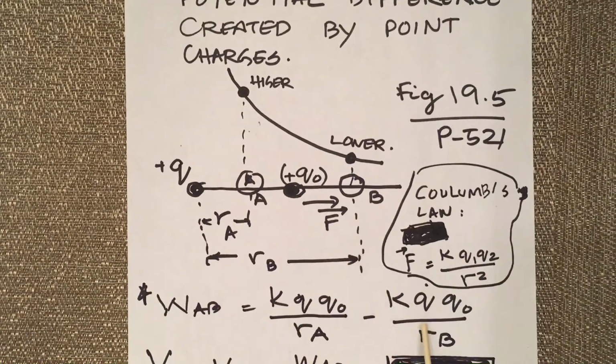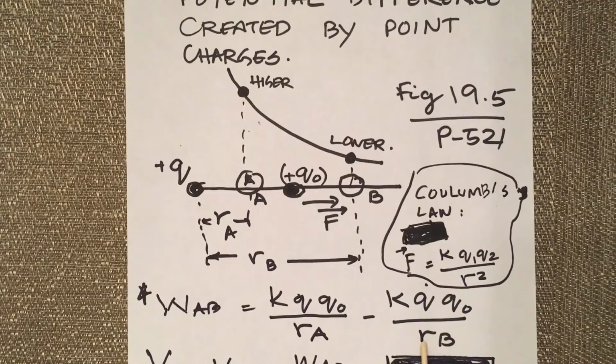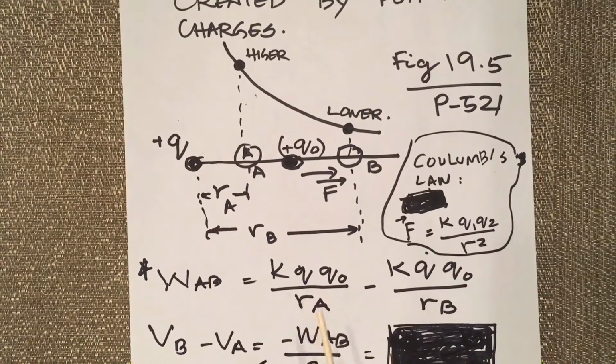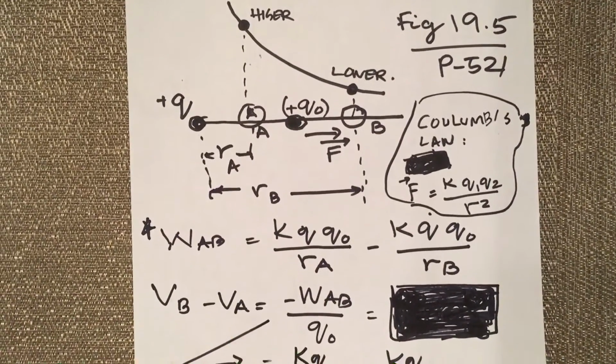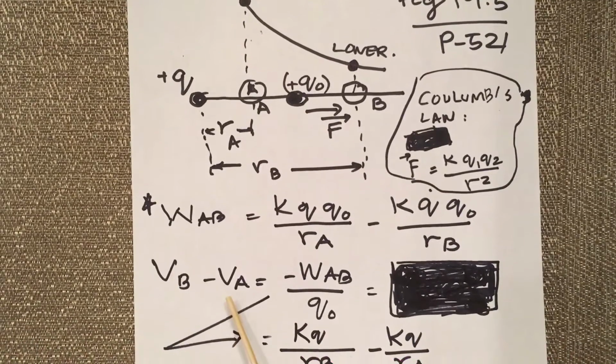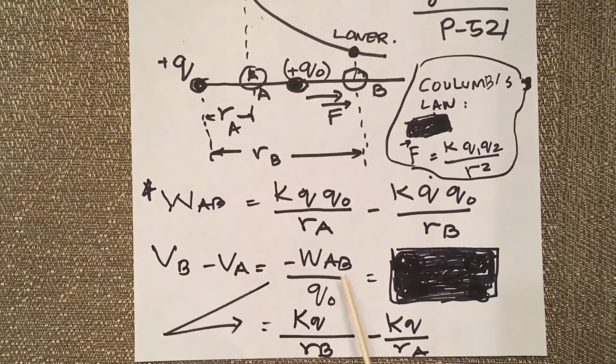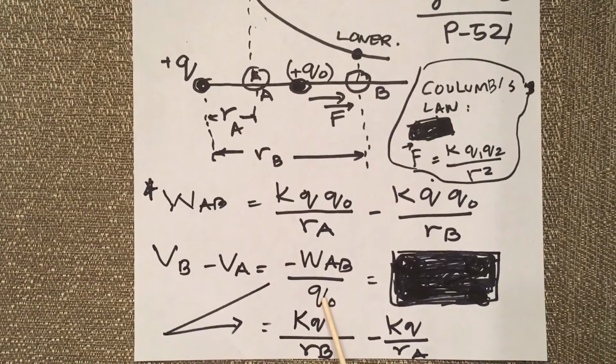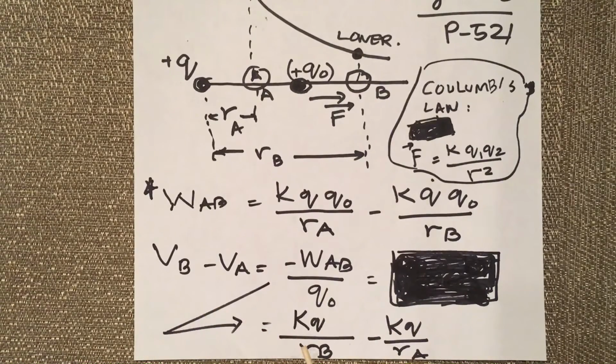For R_B we have Q, Q0 and R_B, the distance is different. Now we can consider this as an equation where the work done is the difference between these 2 potential differences. So you have V_B take away V_A is negative work A to B over Q0, which is similar to the previous one.